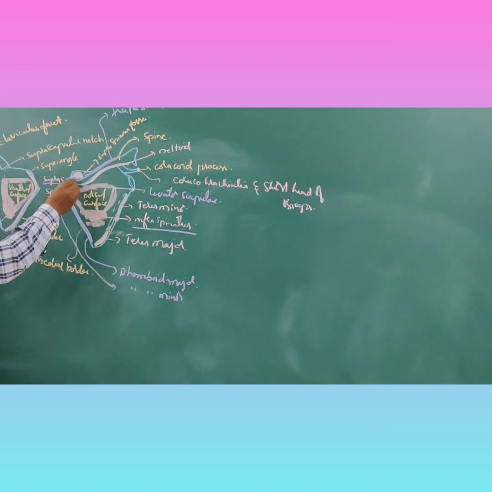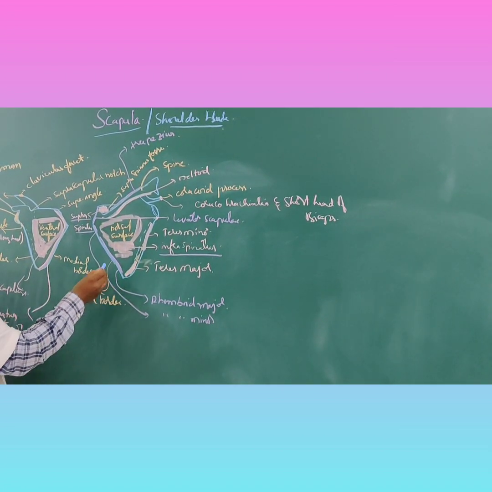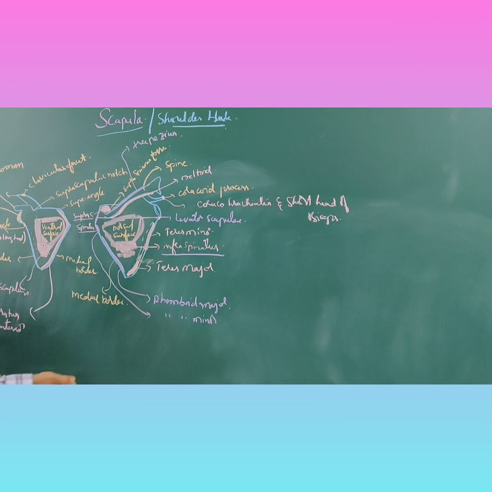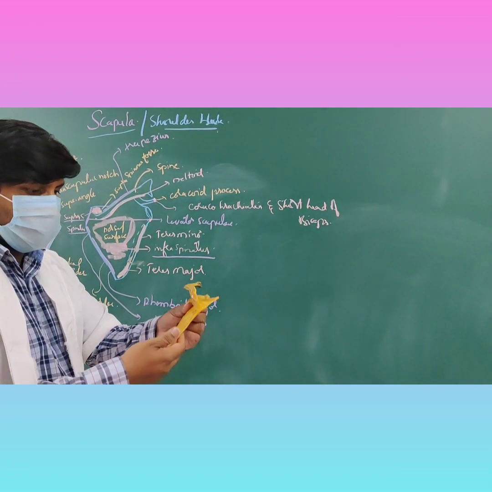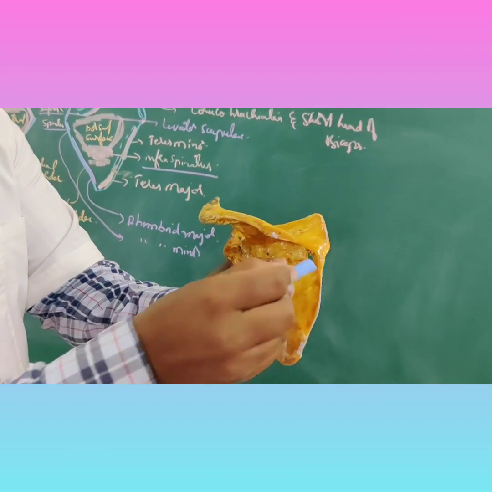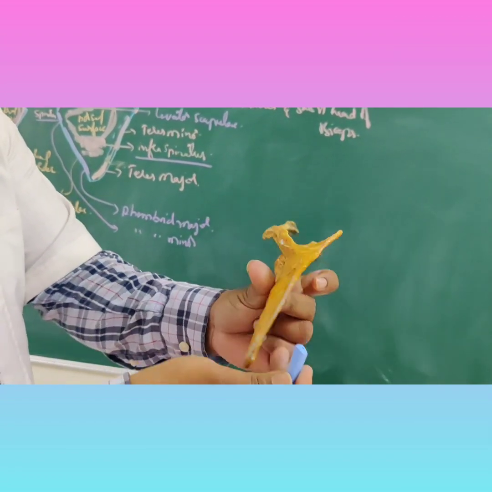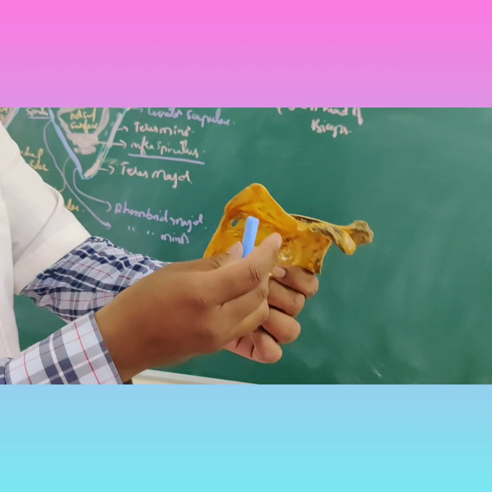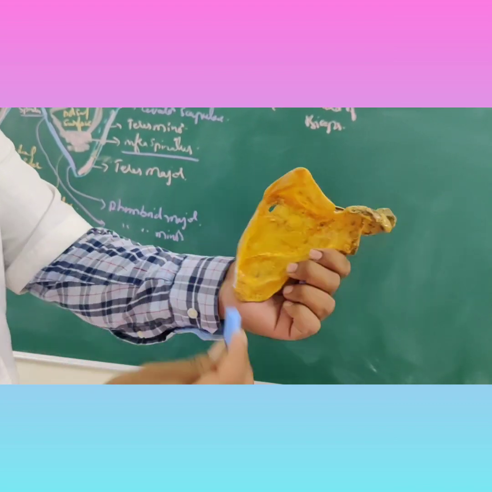If you see the dorsal aspect of the medial border, that means this part. This is the dorsal aspect of the medial border, and this is the ventral aspect of the medial border.